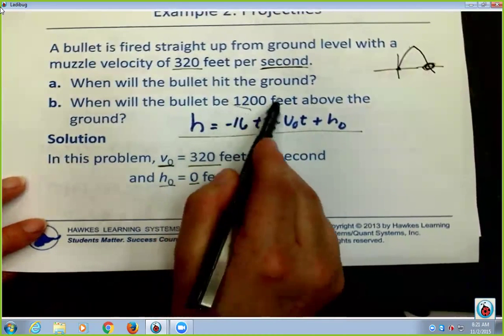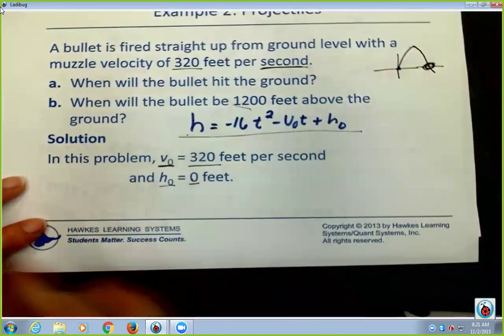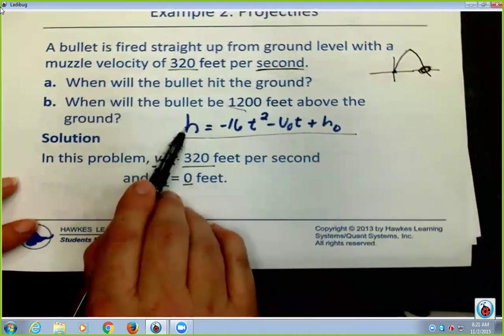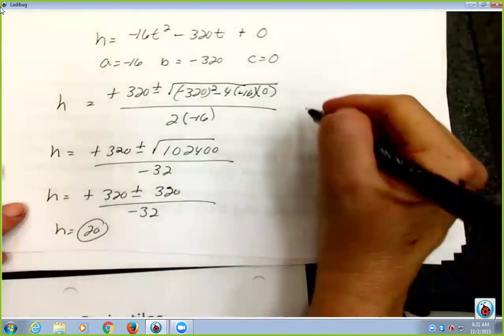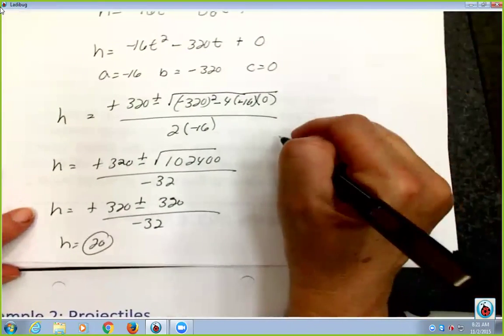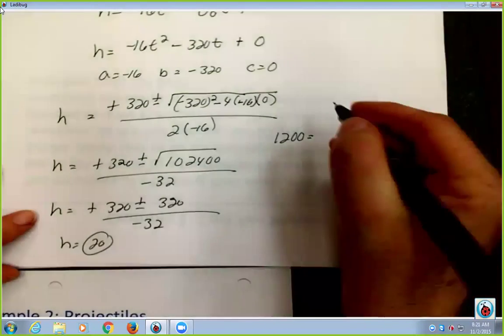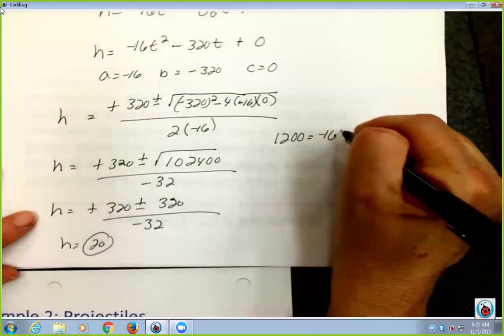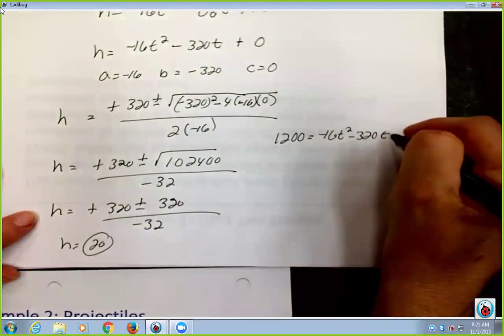So what is this? This is the h that goes in place here. And so we need to plug that h in here and end up solving it to see what we can come up with for that one. If we do that, I probably won't end up finishing this one because I think maybe you got the idea of what we're doing with this. So negative 16t squared minus 320t.